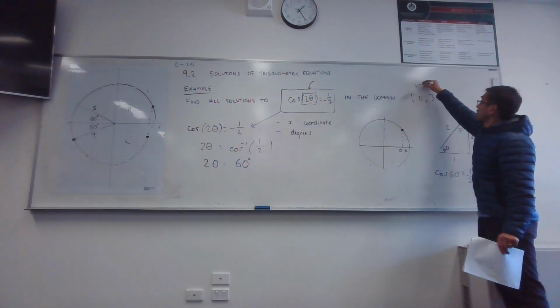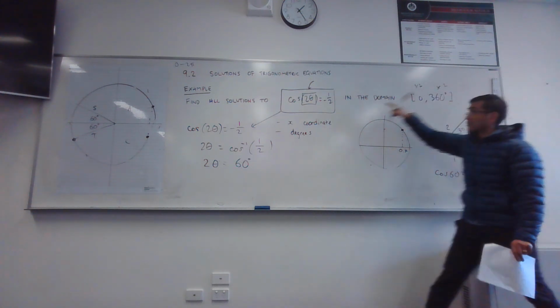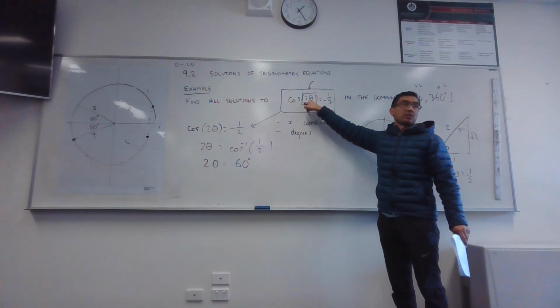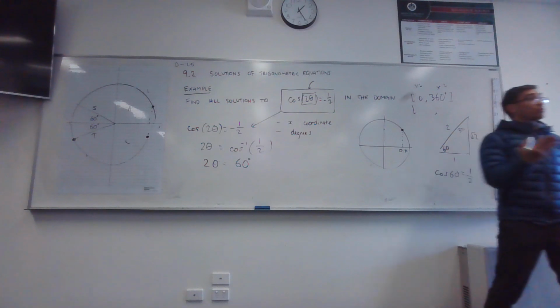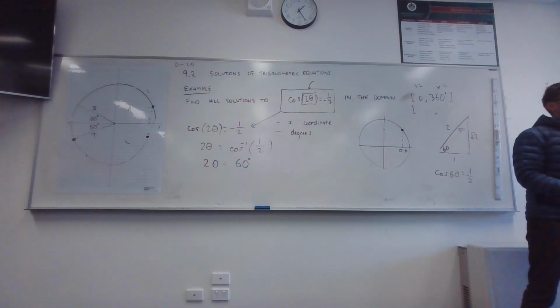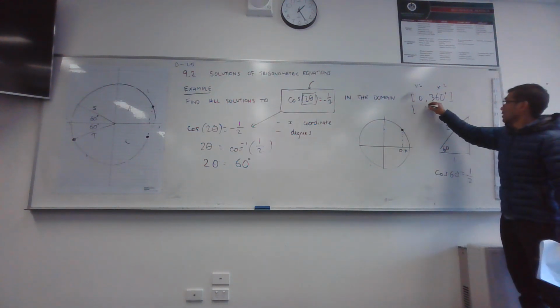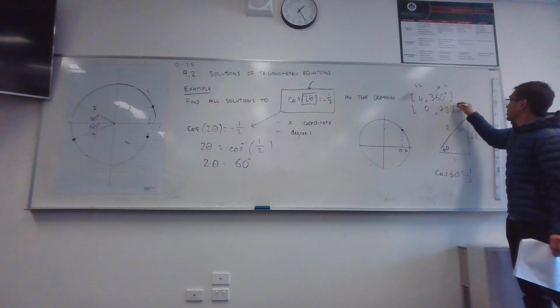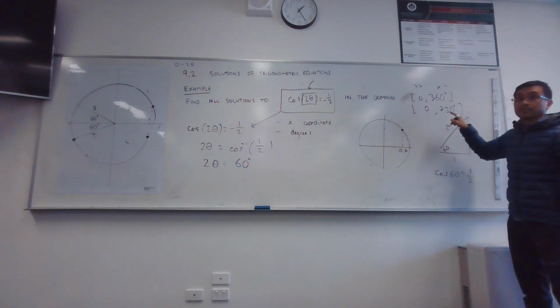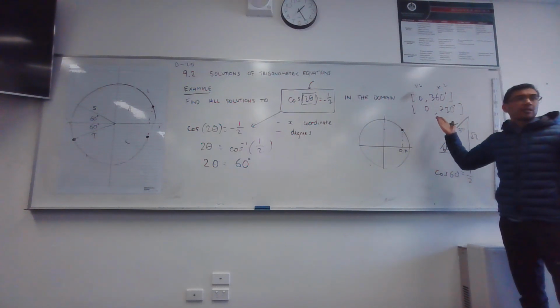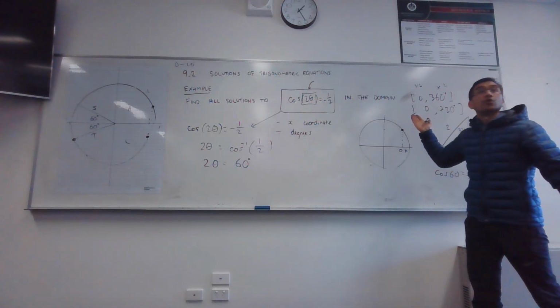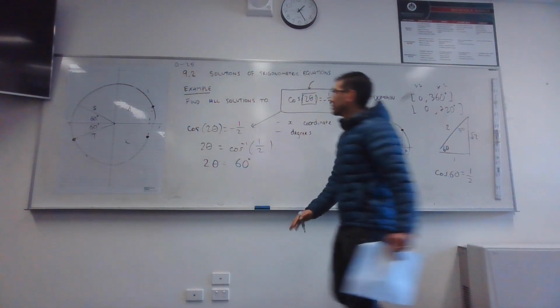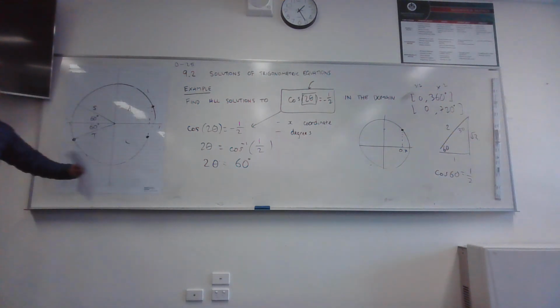So I'm going to times this by 2 and that by 2 because of this 2 here. So really, the domain that we're operating in is between what two numbers? 0 and 720. 720, think about it. How many revolutions is that? 2. Right. So we're going to do 2 revolutions.